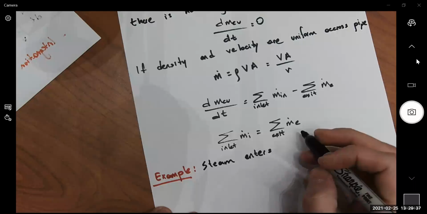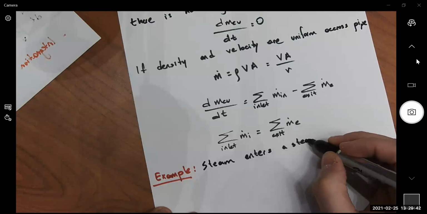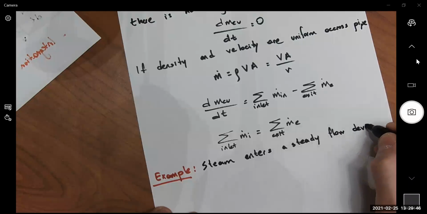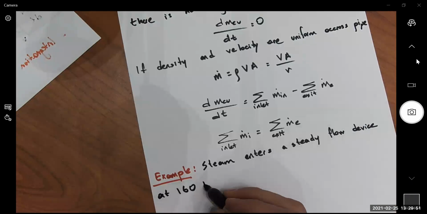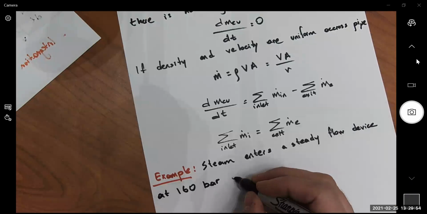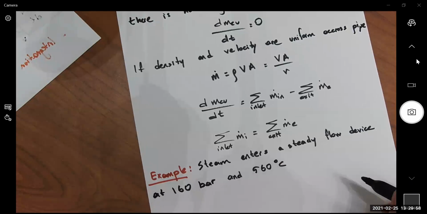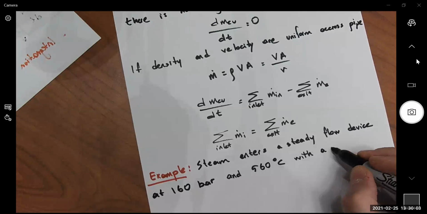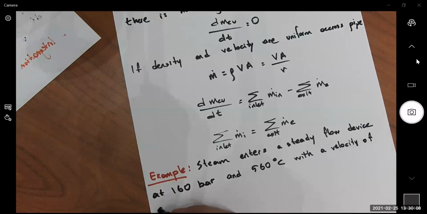Steam enters a steady flow device at 160 bar and 560 Celsius with a velocity of 80 meters per second.